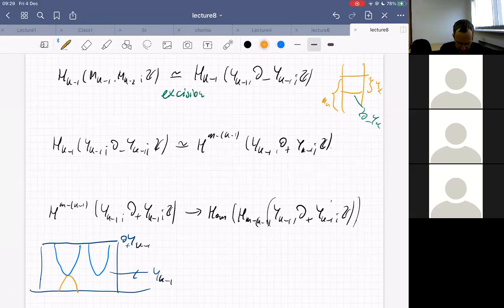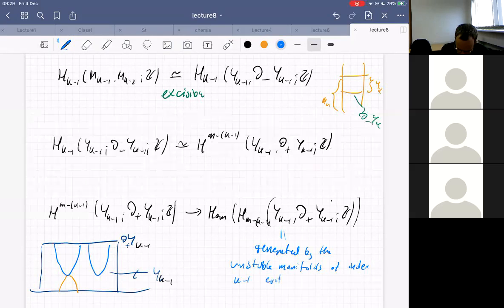So this space is generated by the unstable manifolds of index k minus 1 critical points.